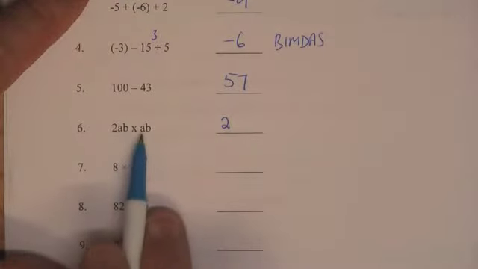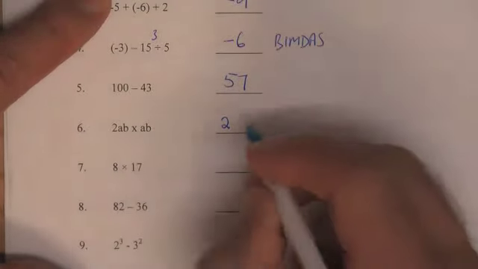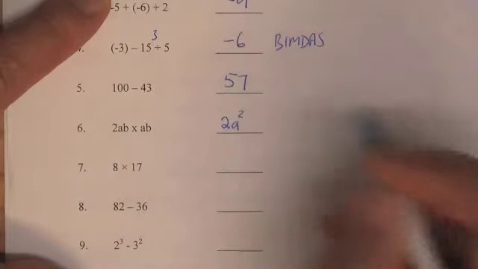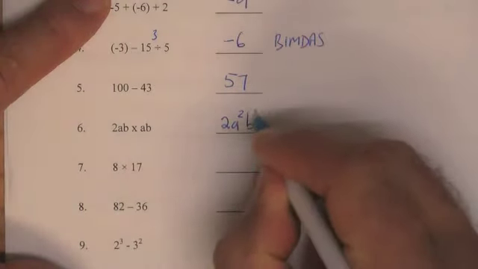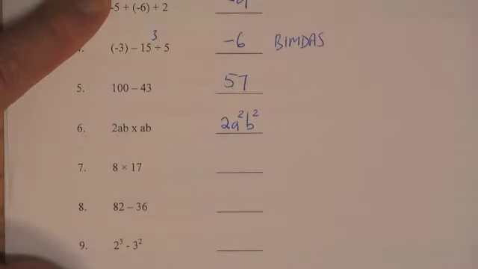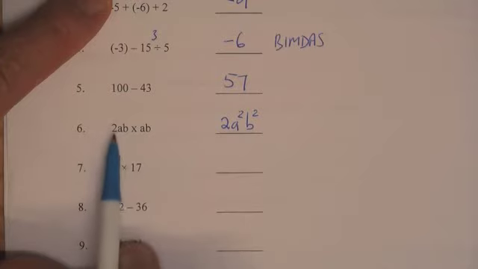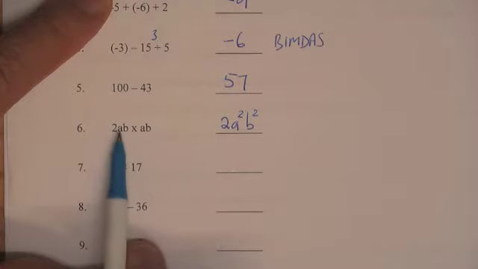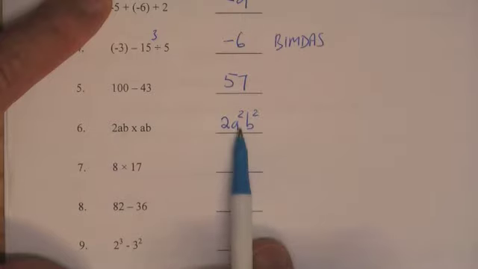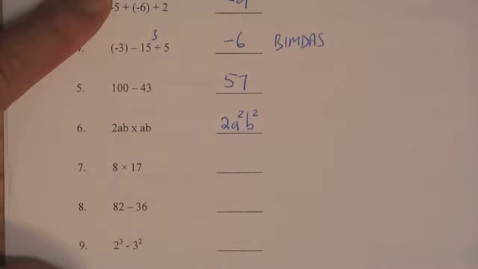Now, A times A is A squared, and B times B is B squared. So 2 times A times B times A times B, or 2 times A times A times B times B. And I've just written them as A squared and B squared.